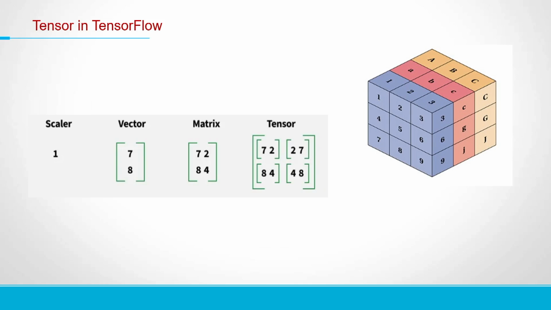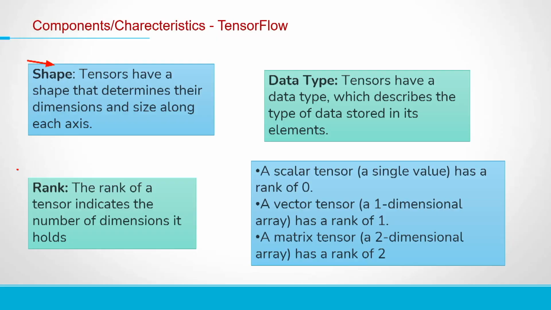Now, to know what TensorFlow is, we have a way of handling data in the form of scalars, vectors, matrices or tensors. To know the characteristics or components of TensorFlow, the keywords or buzzwords associated with tensors are the shape, the rank and the data type. The shape determines the dimension and size along each of the axes.